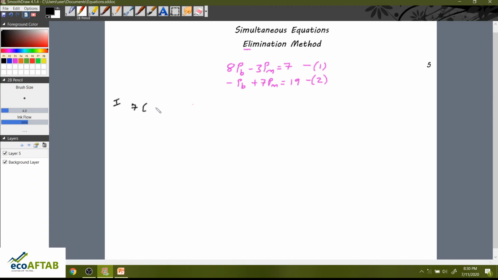7 multiplied by 8PB minus 3PM is equal to 7, and the next thing that I'll be doing is multiplying this 3 with equation 2.